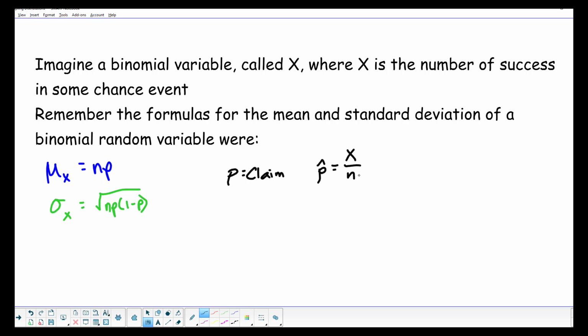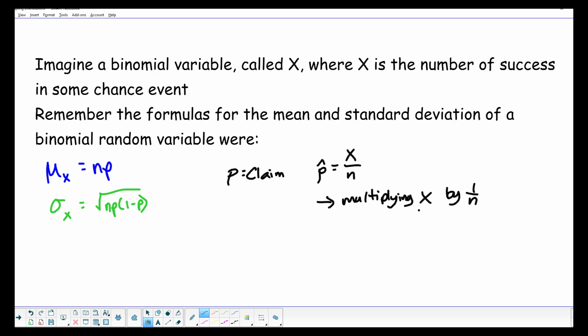And what this means is we can actually consider this transforming the random variable x, the number of successes, into the probability of successes in a sample, or p hat. Well, how do we do this? How does x turn into p hat? It does this by multiplying x by 1 over n.